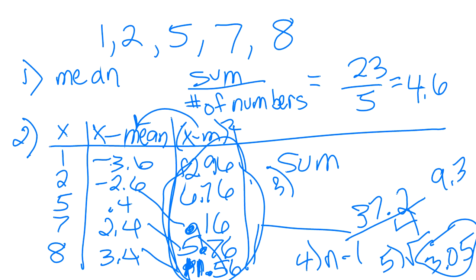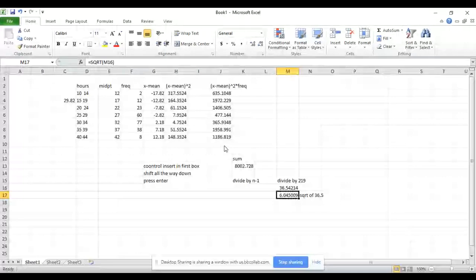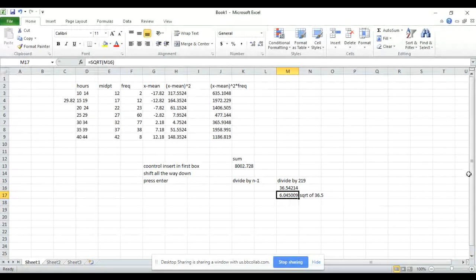Okay, so in Excel, let me see if I can share. I'm going to write my numbers over here so you can see that it's similar. I had 1, 2, 5, 7, 8.